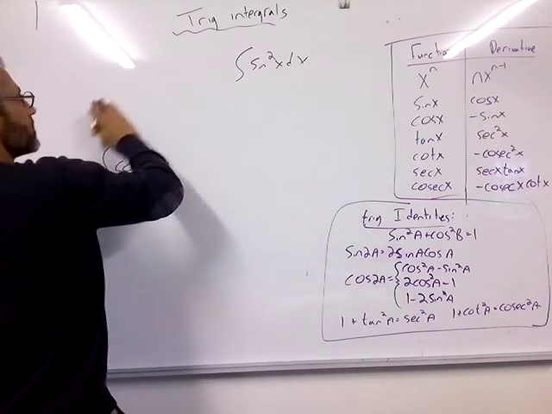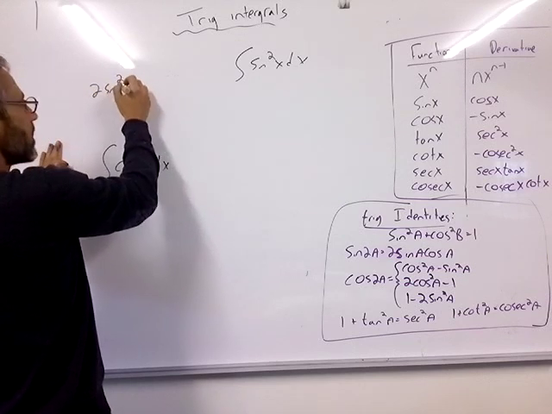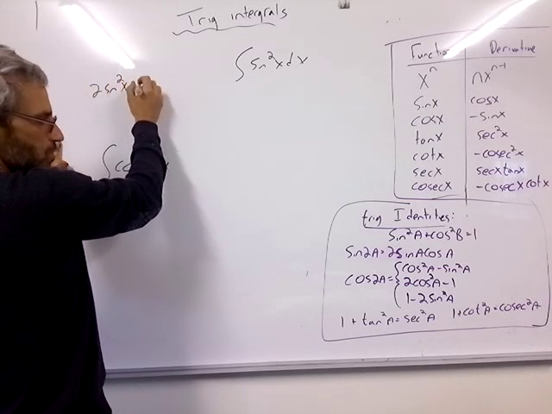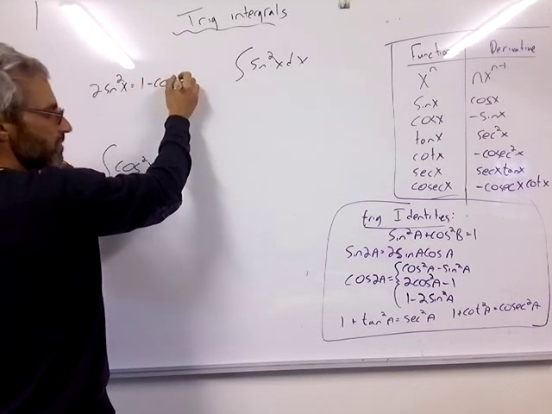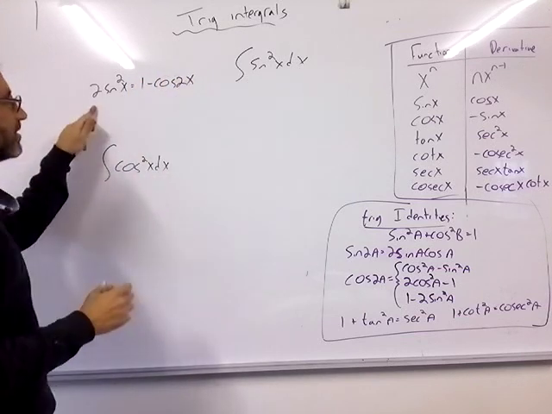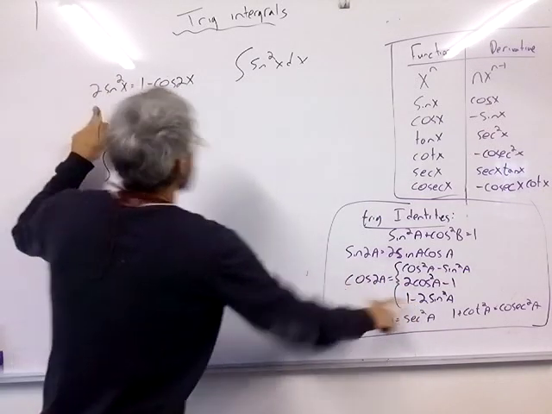Let's write first of all: 2 sine square x equals 1 minus cosine 2x. Is that right? Can you see what I've done here? I just moved that there and this one there.